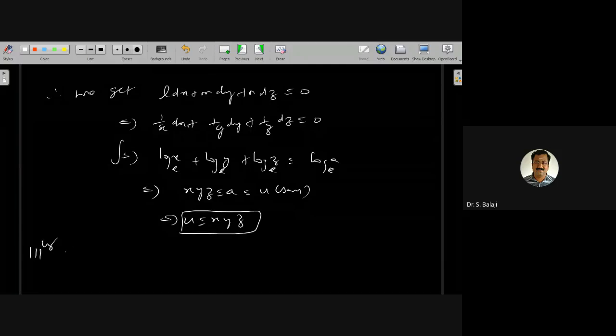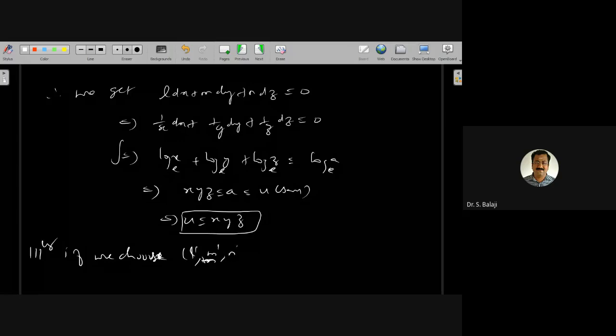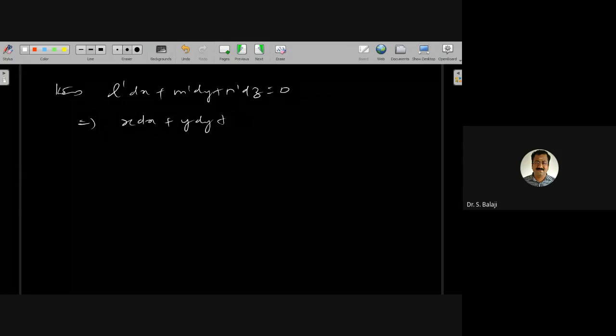Similarly, if we choose L dash, M dash, N dash equal to x, y, z, then we get L dash p plus M dash q plus N dash r equal to 0. Then L dash dx plus M dash dy plus N dash dz, where L dash is x, M dash is y, N dash is z.